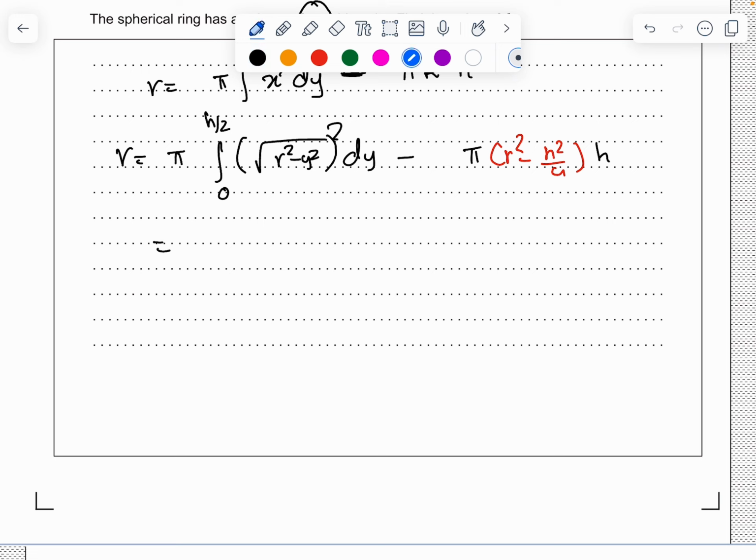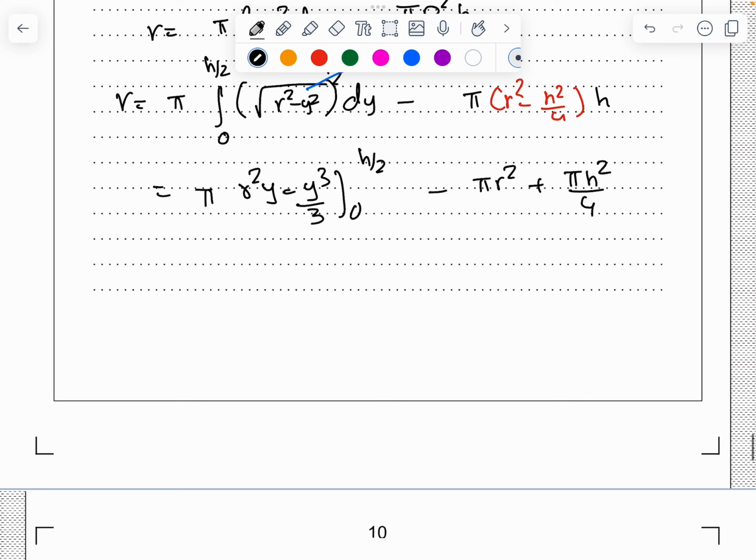So square and square root get cancelled. Pi, integral of r square minus y square, that is r square y minus y cube by 3, from 0 to h upon 2, minus pi R square plus pi h square upon 4. So what does that become now?